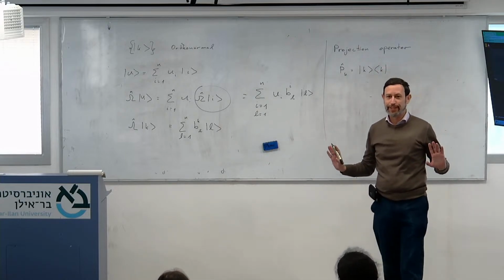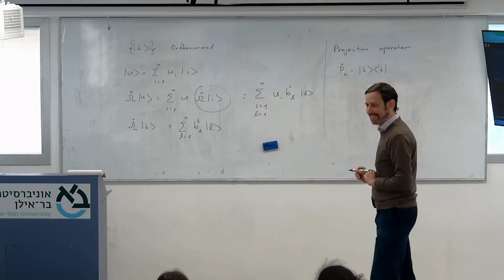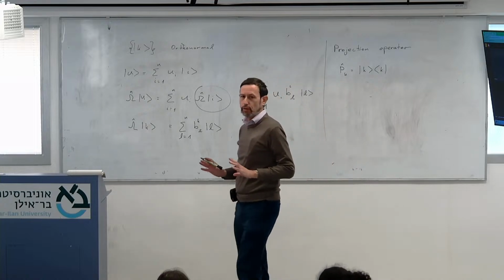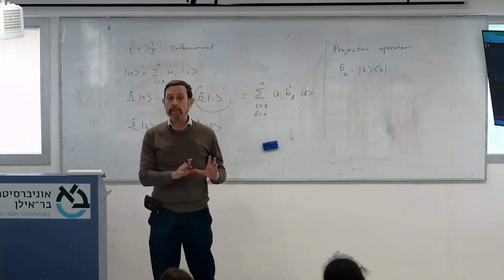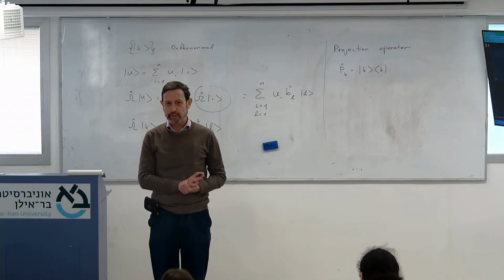That's its definition. Cute. And what does it do? It takes only the k component out of any vector you give it.